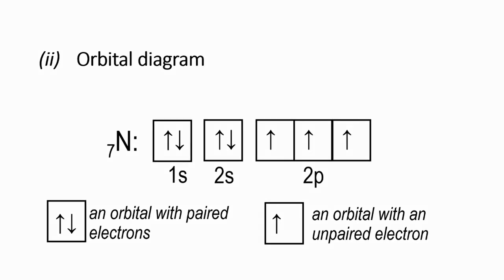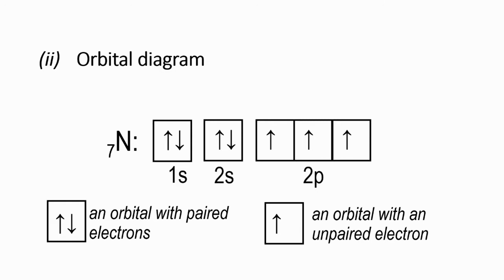Orbital diagram. In this example, nitrogen has 3 subshells: subshell 1s, subshell 2s, and subshell 2p. A box represents an orbital.